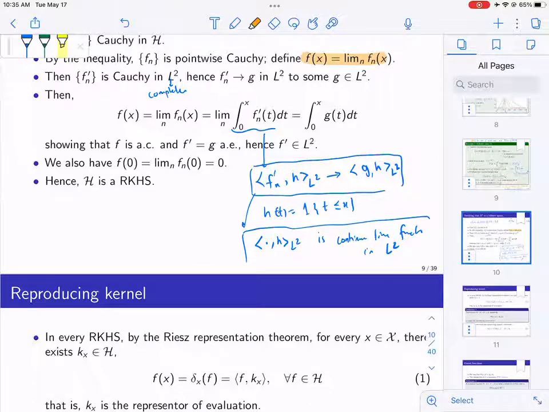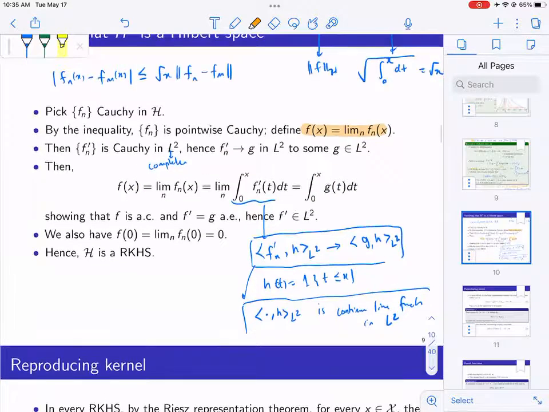And if you look at this, fn, we have shown that f(x) is equal to this. So by definition, f has to be absolutely continuous. Anything that can be written as an integral is absolutely continuous. The derivative by the fundamental theorem of calculus is equal to g almost everywhere, and g is in L2, so the derivative is in L2.